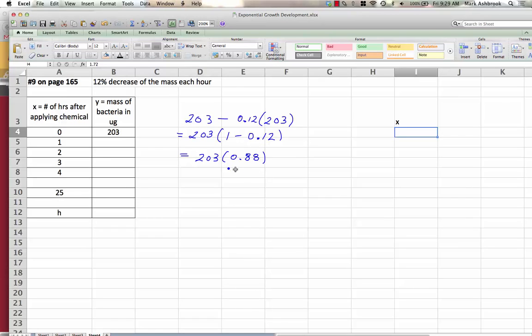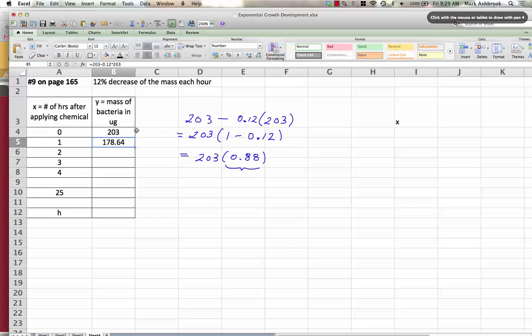So to get this next number, it can just be 203 times 0.88. That has the effect of taking 203 and subtracting 12% of it. So now my multiplier is what? 0.88.